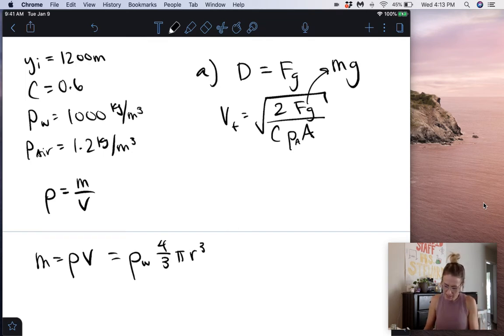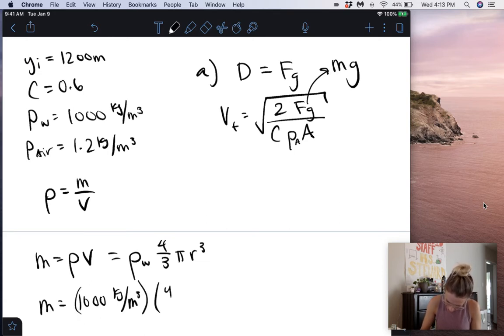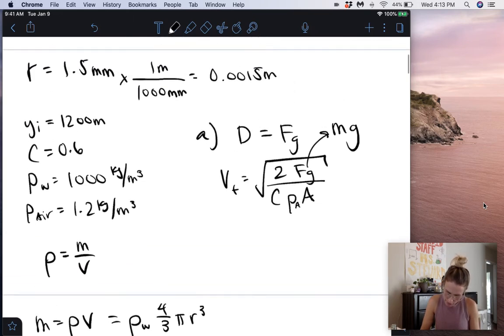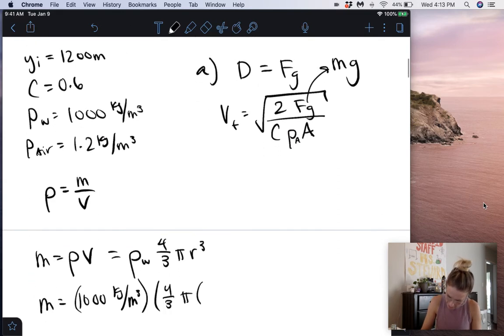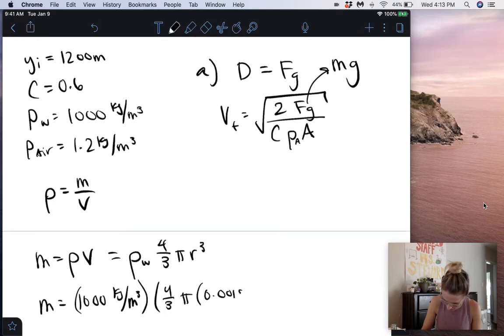So we know the density of water. We know our radius, so now we can plug in our numbers here. So we get mass is equal to the density of the water, which is 1,000 kilograms per meter cubed, times 4/3 pi, and then r here, remember, was our 0.0015 meters, and we're cubing that.